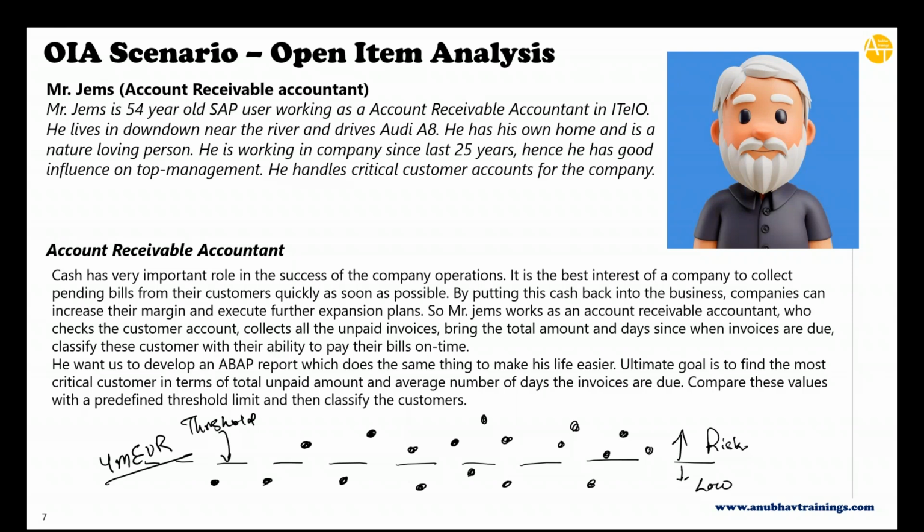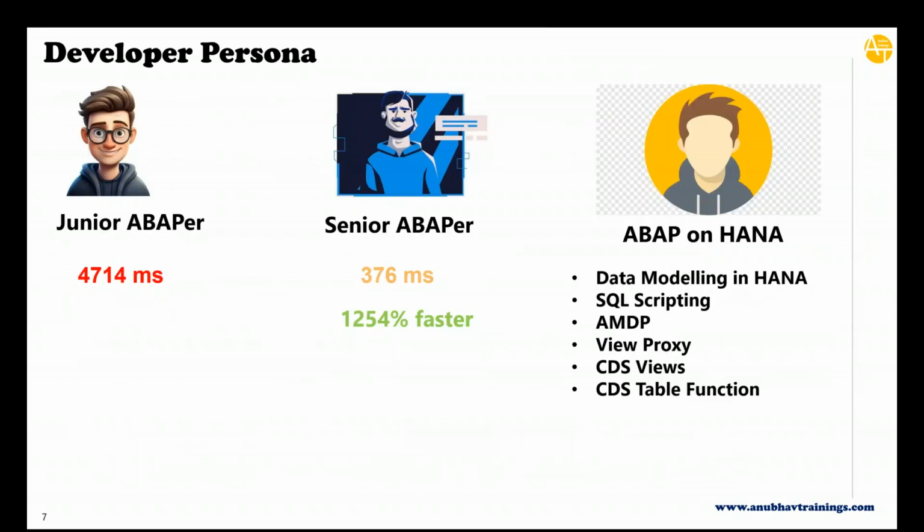Then I will show you what it means for us as ABAP on HANA consultants, professionals like you, who can build the same scenario with data modeling in HANA, and what performance gain you will get. Subsequently, I will teach you how to consume the view output in ABAP, which was a question from the last class.